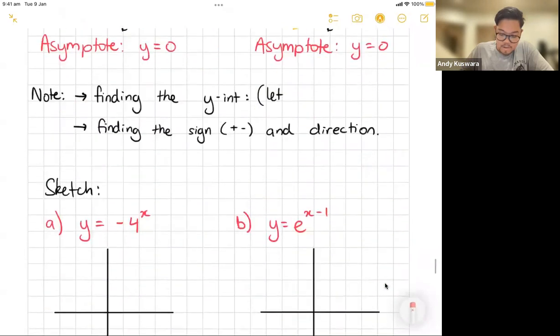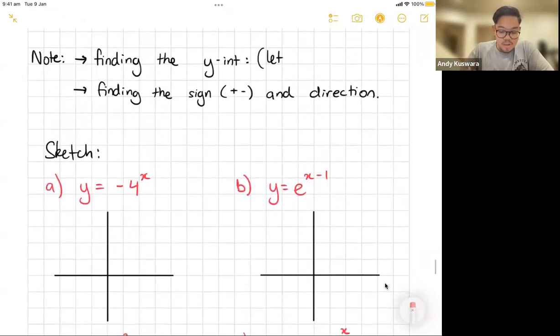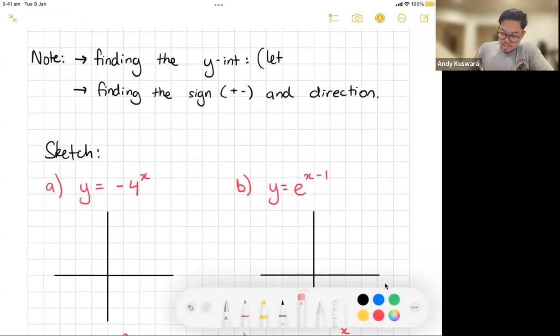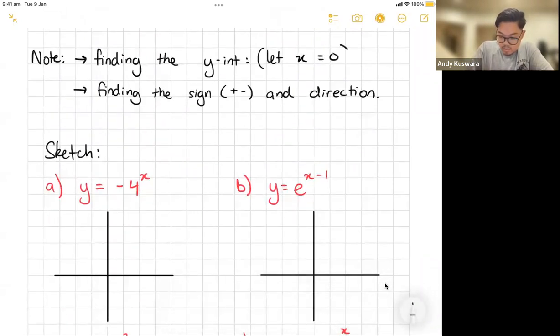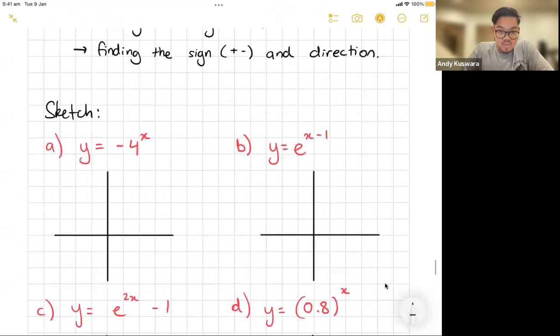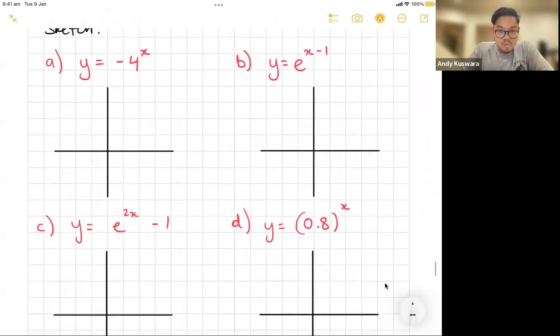Okay. Now, when we want to find the y-intercepts, we let what? x equals 0. And all we need to know is find the y-intercept, find the sign, so if it's positive or negative, and the direction that it goes, and we should be fine. So let's try sketch a couple of these ones here.